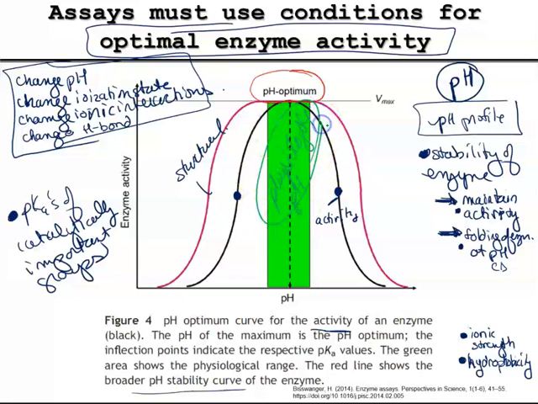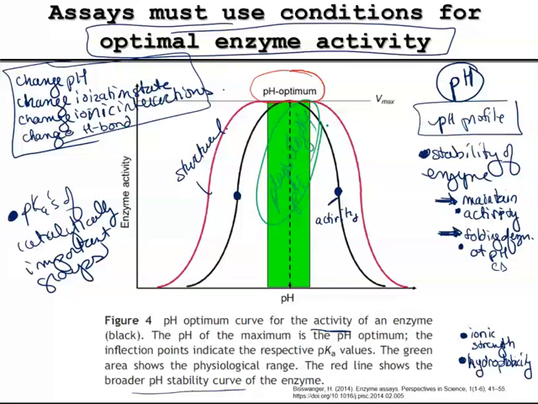We have different physiological pHs within our bodies. If you think about different organs, they maintain different pH environments within the lumen of those organs. Just think about your digestive tract: stomach, highly acidic; duodenum, pretty basic. And then we have the blood, which is pH 7.4.